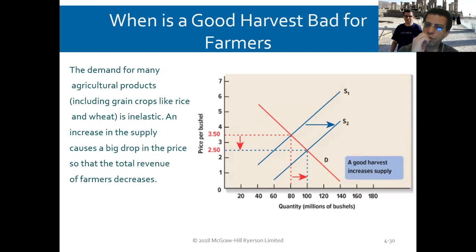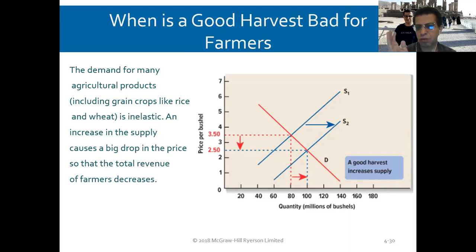When the demand for many agricultural products, including grain crops like rice and wheat, which we said are normal goods, is inelastic, there is always a need for the product. An increase in the supply will cause a big drop in the price, because there's so much supply.